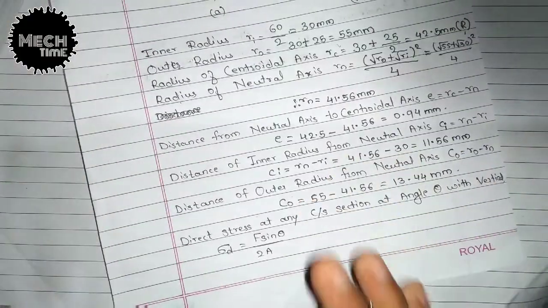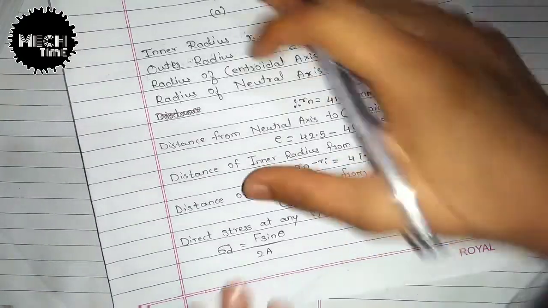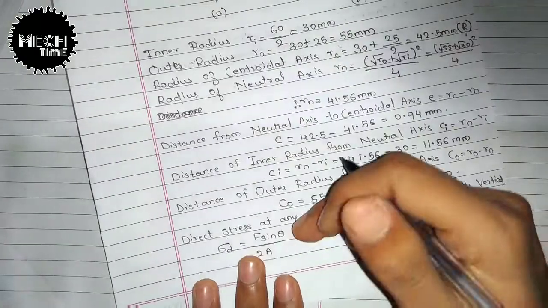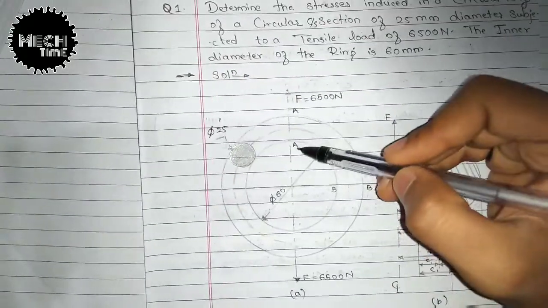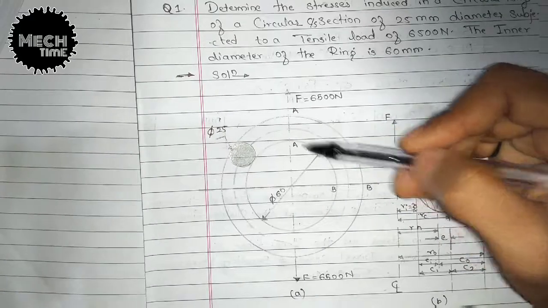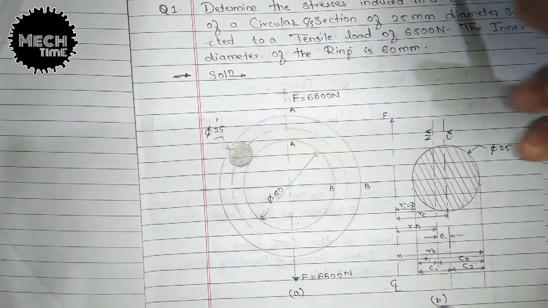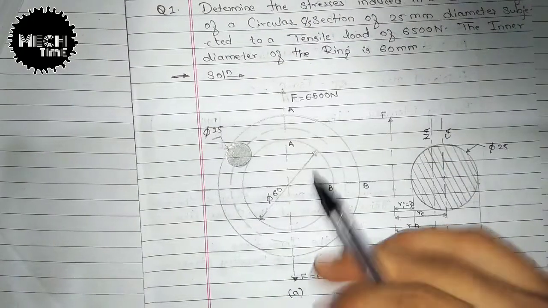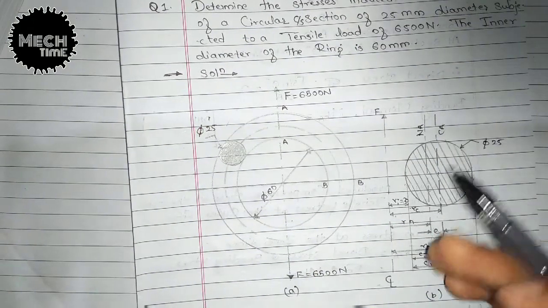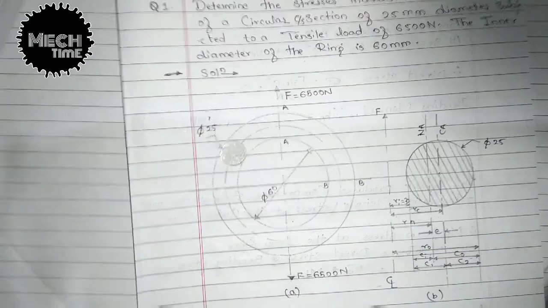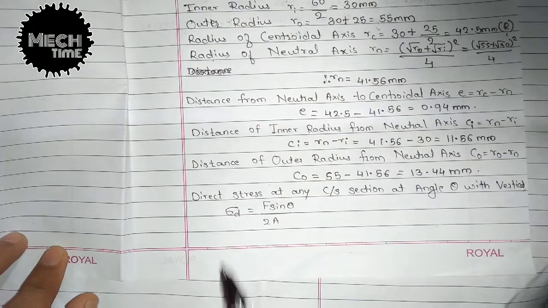As I told in the procedure, after getting these values, you need to find the direct stress. You have two sections, section A to A and section B to B. For the different sections you need to find the direct stress, then go to the bending moment, and at last find the maximum stress at inner and outer fibers.